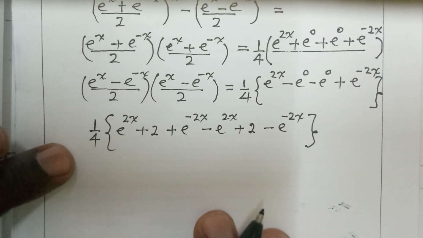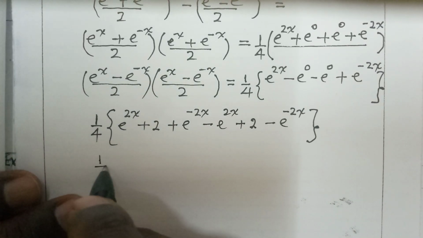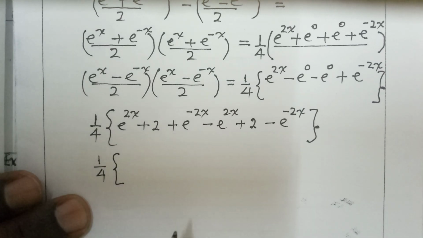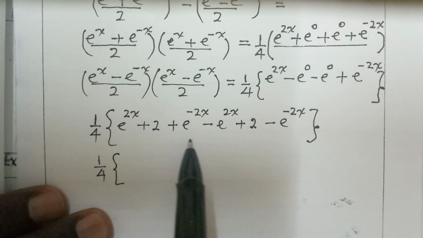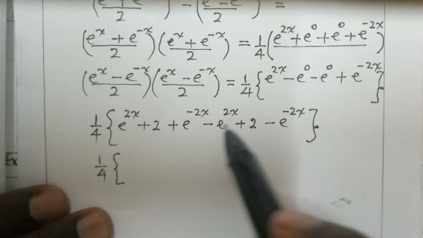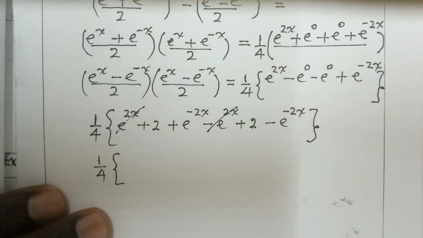So guys, we continue. So this one is going to be 1 over 4 to bracket. Then we shall have e raised to 2x, this one can cancel with that.